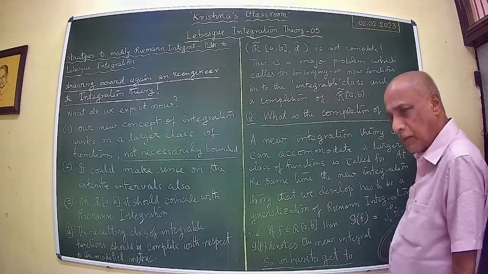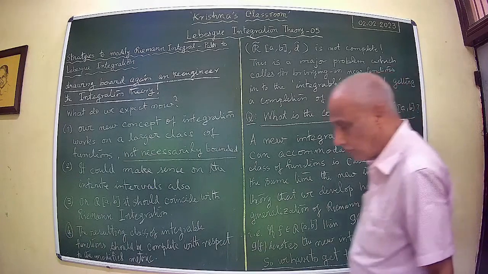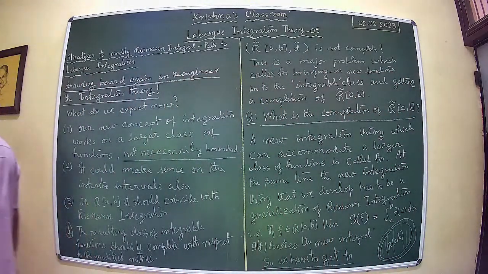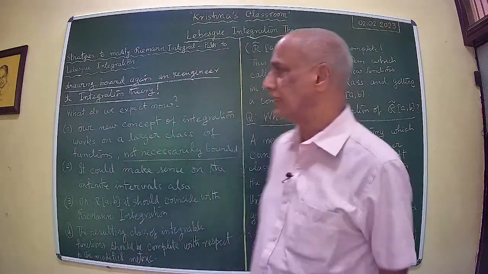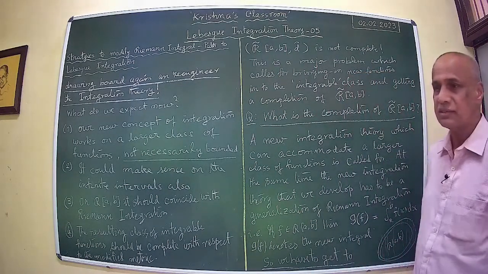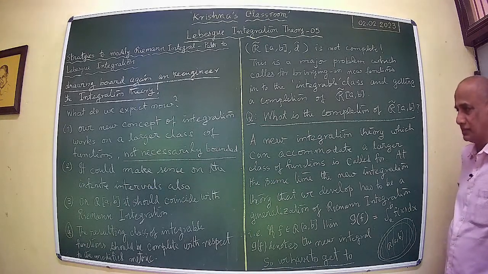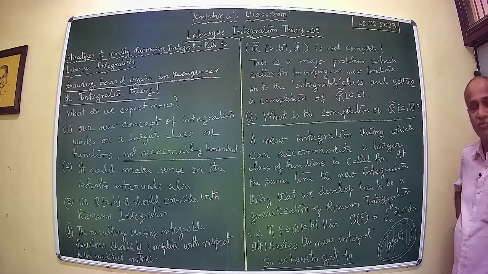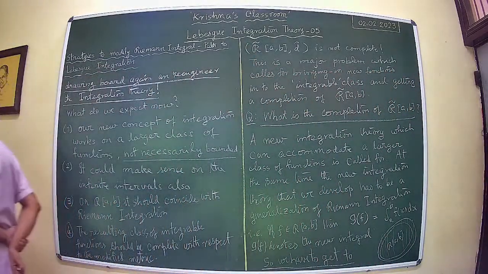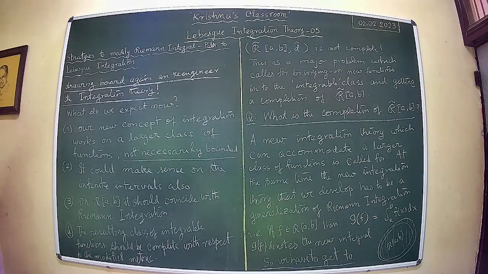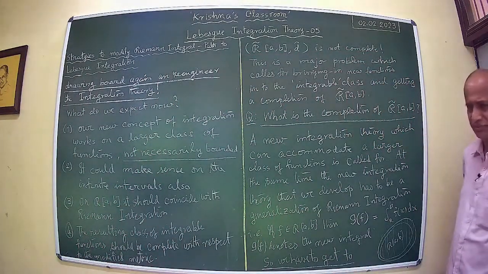So let us see what are the problems. You see that if you re-examine the Riemann integration, there you see that it is essential to have the functions bounded. Okay, because while defining the upper integral and lower integral, we use the fact that f is bounded, and also the compact interval.